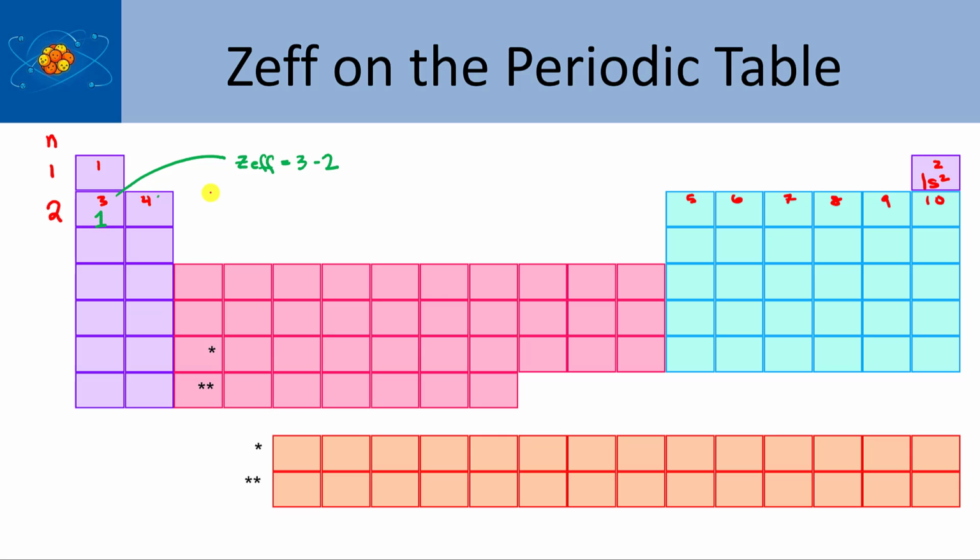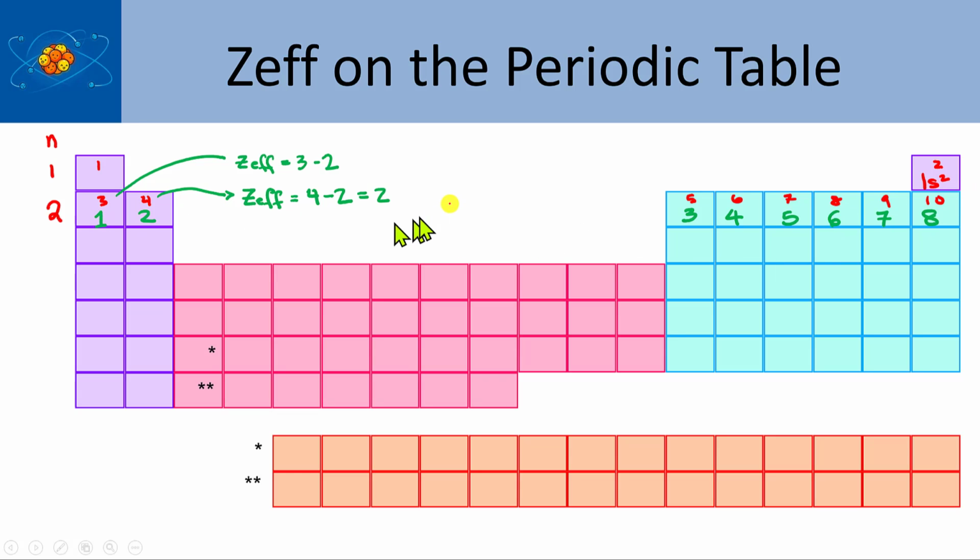Well, for beryllium, the nuclear charge is 4, and then it's the same core, 1s, so this becomes 2. So if I go to boron, this will be 3, and then 4, 5, 6, 7, and 8.